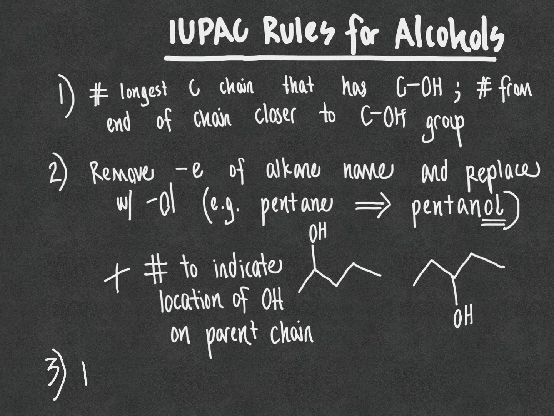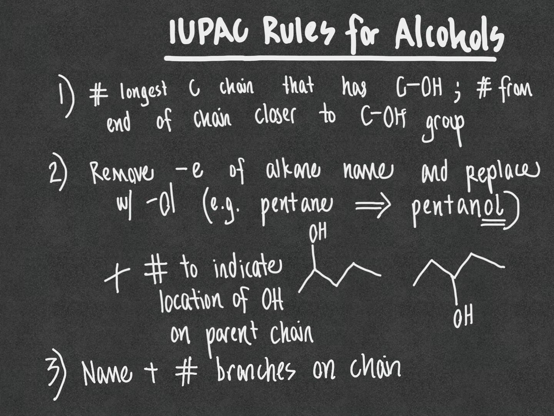So third step, name and number the branches, which we also have called in the past substituents, on that longest carbon chain, i.e. naming the alkyl groups. List those as prefixes in the name in alphabetical order. So I'm going to put an alpha, running a little low on room there, to indicate that we're going to put them in alphabetical order.